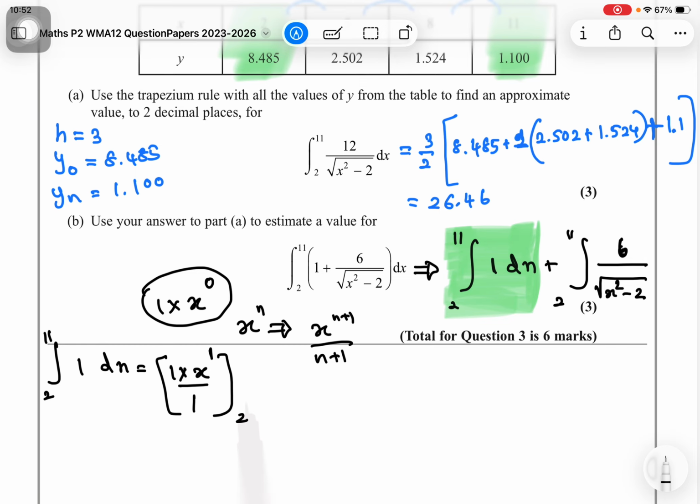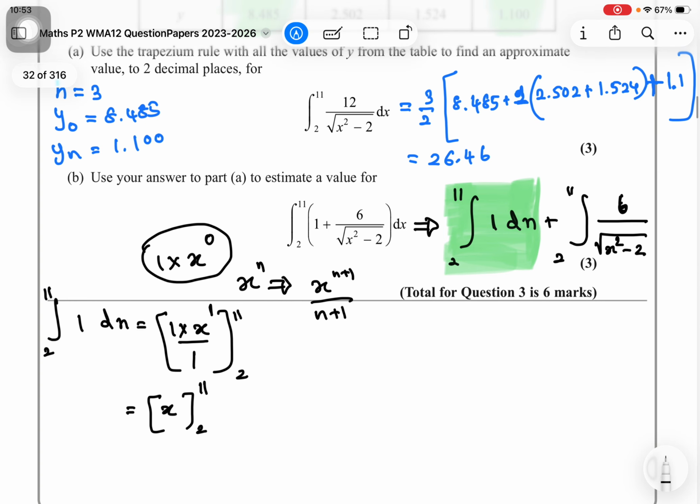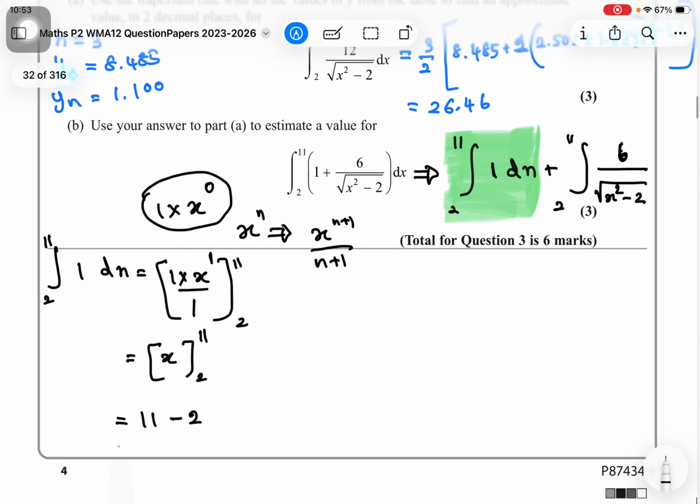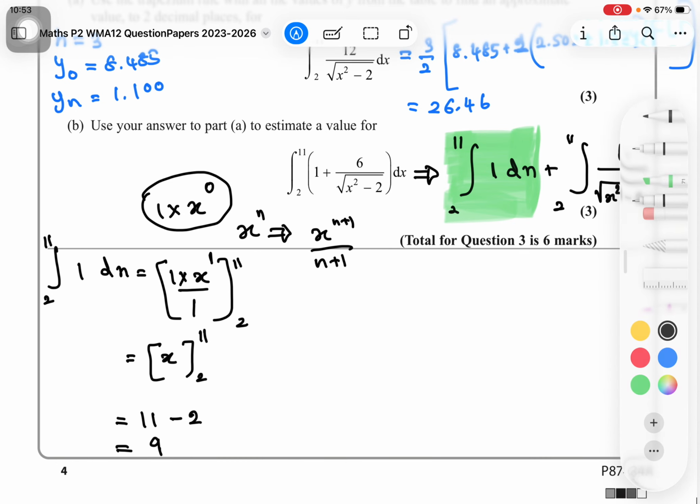The limits are 2 to 11, so what you have is x. Usually upper limit minus lower limit, so then you have the answer as 9. That is what you have for the first part.